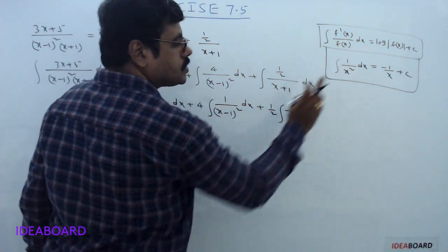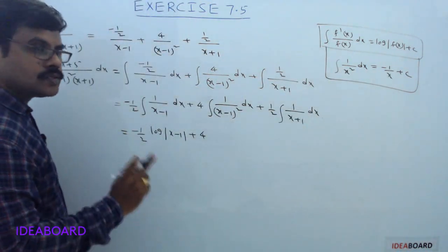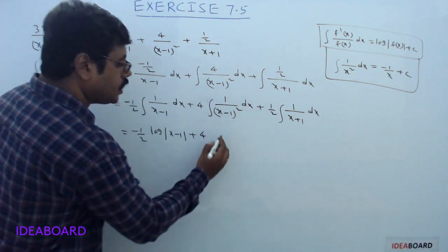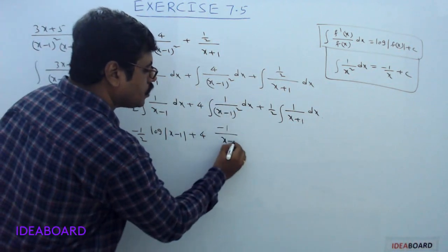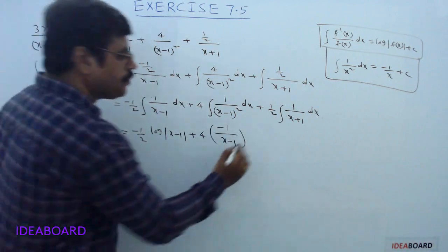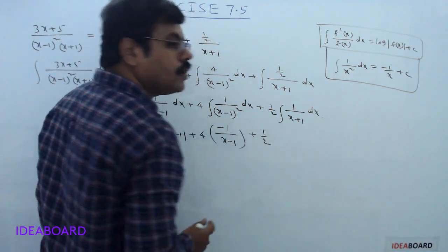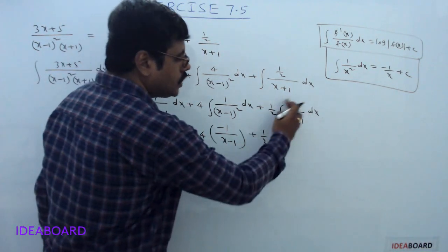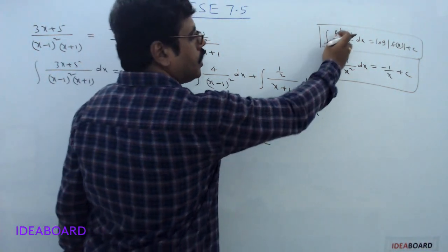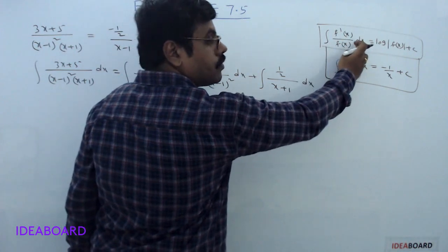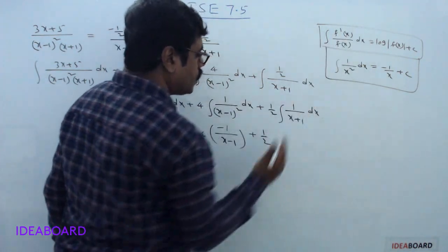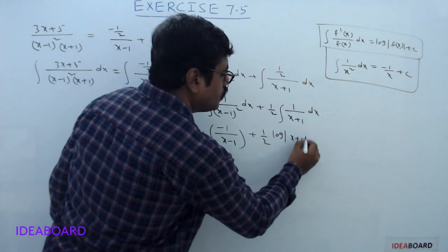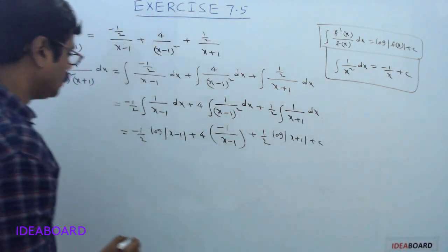So integral 1 by x minus 1 whole square dx is minus 1 divided by x minus 1, plus 1 by 2 into, the derivative of x plus 1 is 1. It is of the form integral f dash of x divided by f of x dx. So use that formula. This is log mod x plus 1 plus a constant c.